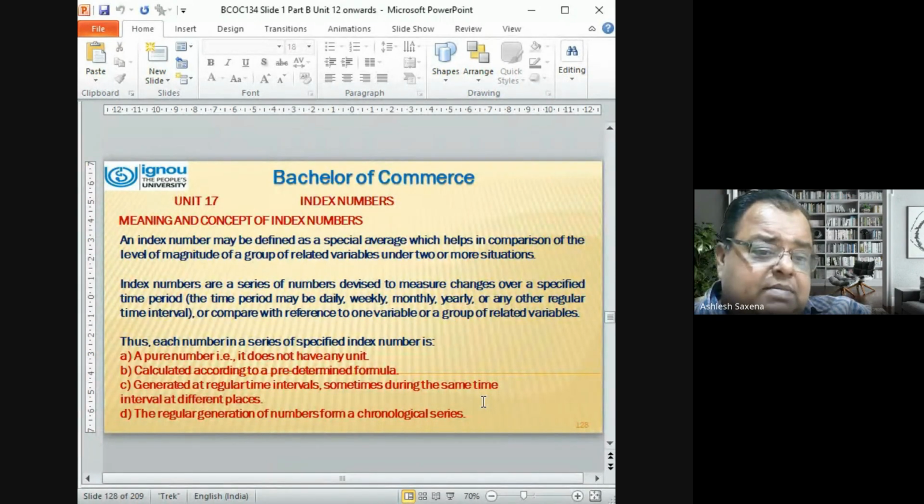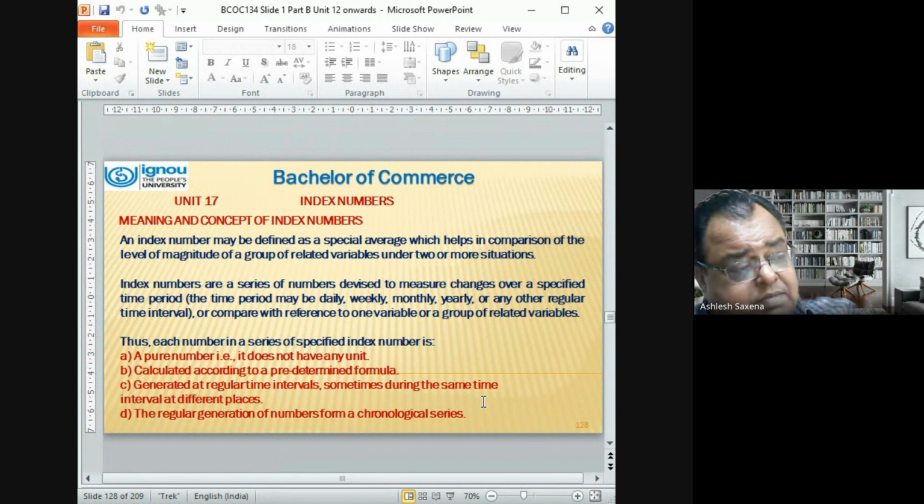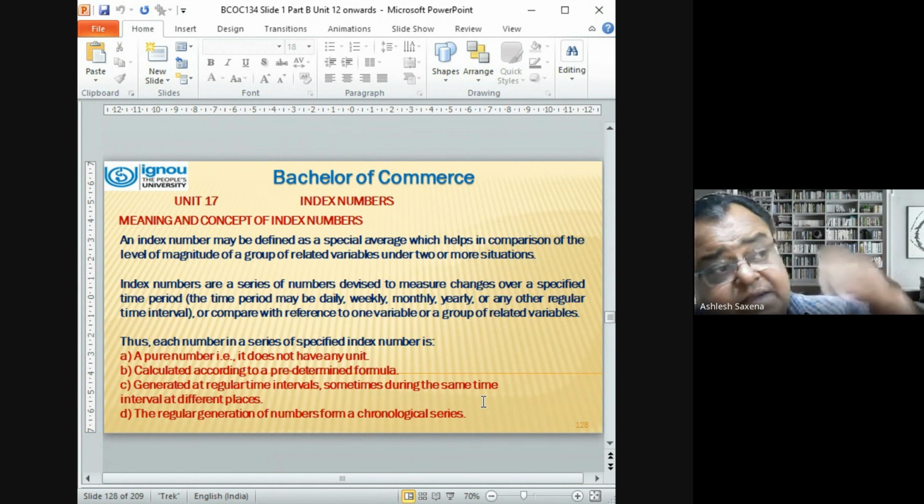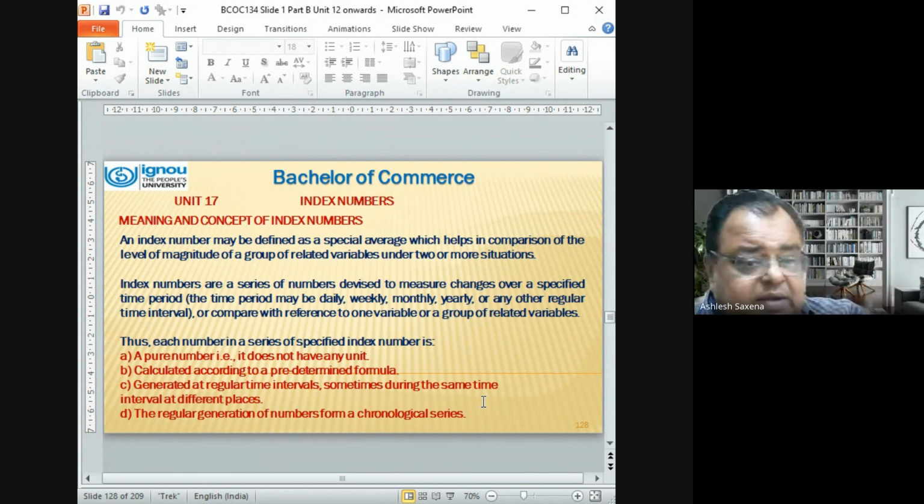Thus, each number in a series of index numbers is a pure number. It does not have any unit, is calculated according to a predetermined formula, and is generated at regular time intervals, sometimes during the same time interval at different places, in a chronological order.